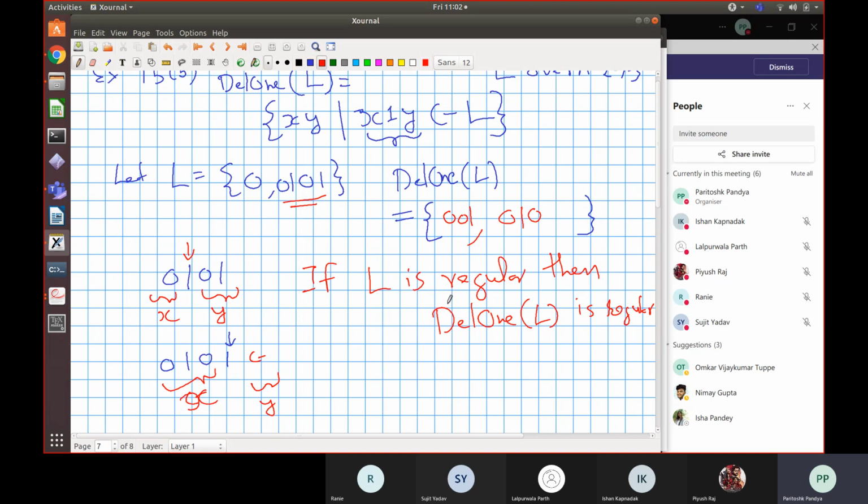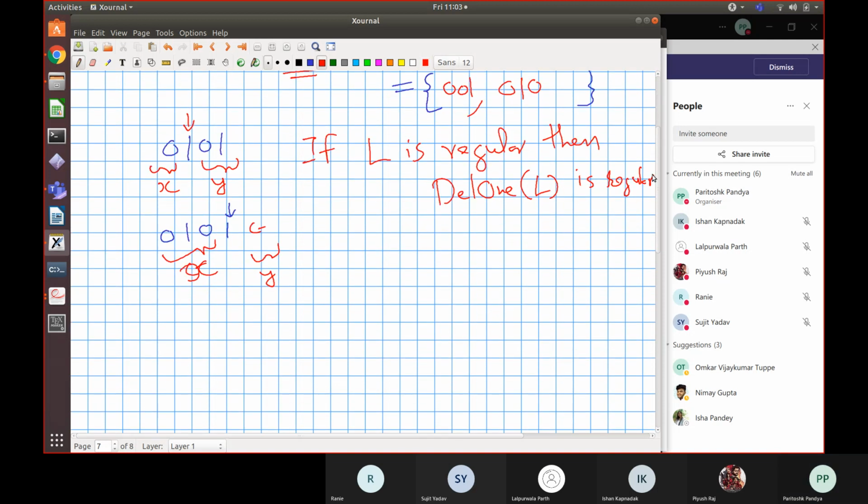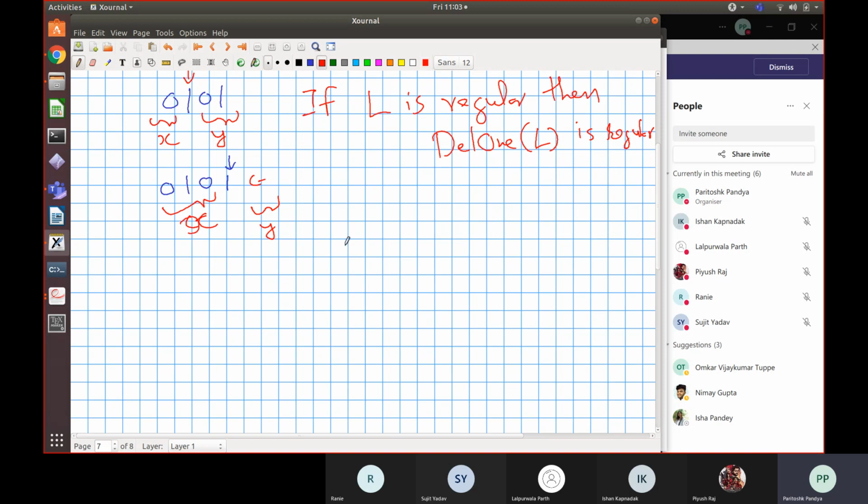Now, how do we normally do it? Any suggestion? So we are given that L is regular, which means it has an automaton. Agreed?